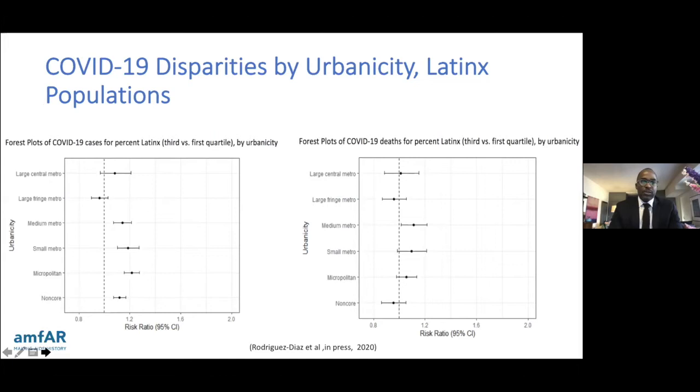When you look at COVID-19 cases, you can see that for those counties that are disproportionately Latinx, cases are elevated in medium metro counties all the way down to rural counties. And when you look at COVID-19 deaths, you see that they're primarily confined to medium metro counties, where we see a disproportionate number of deaths in those counties that are disproportionately Latinx.